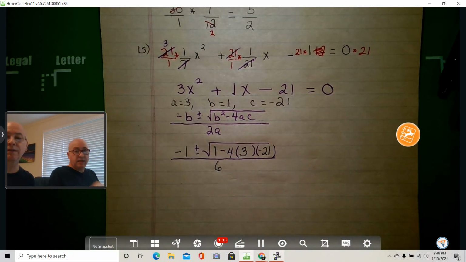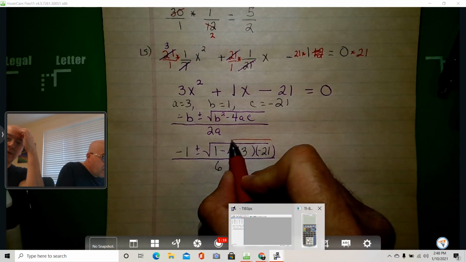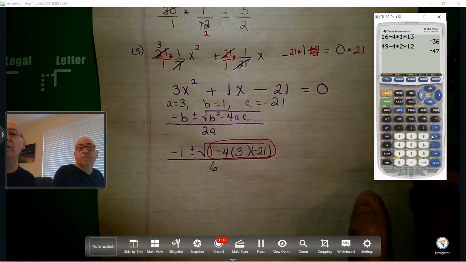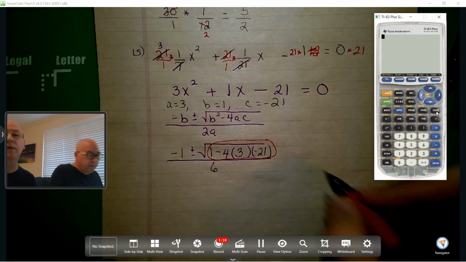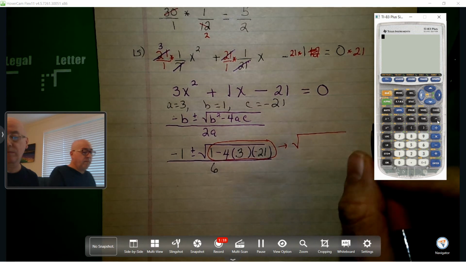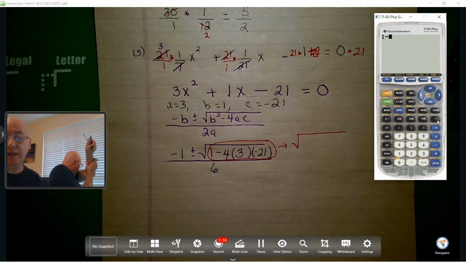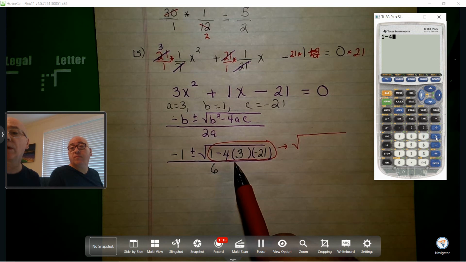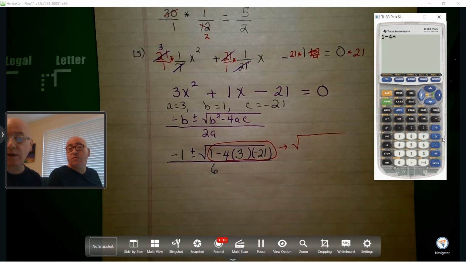Okay, so pulling up the little calculator. Let me clear that off. And it's a 1 minus, oh, pardon me, 4 times 3 times -21.